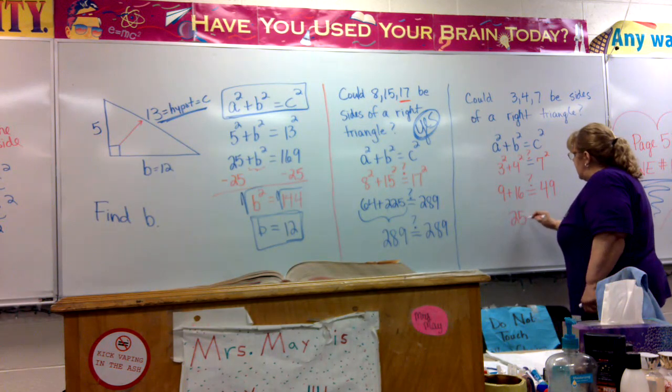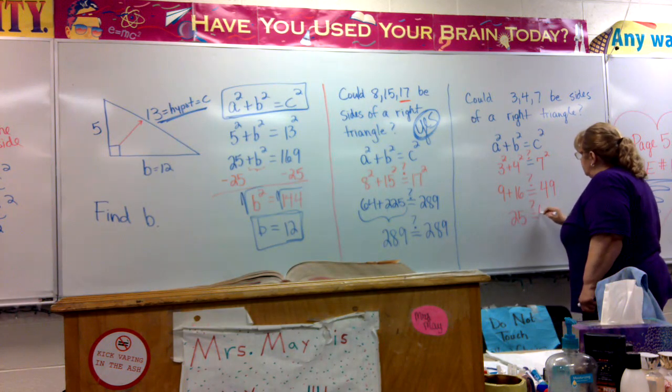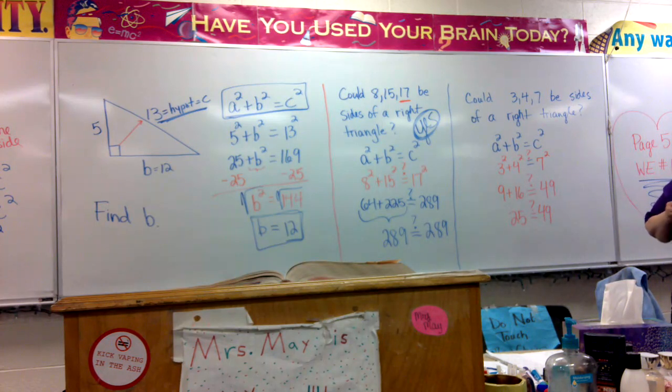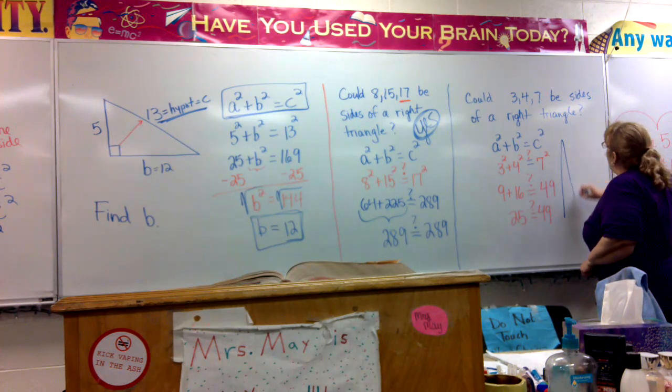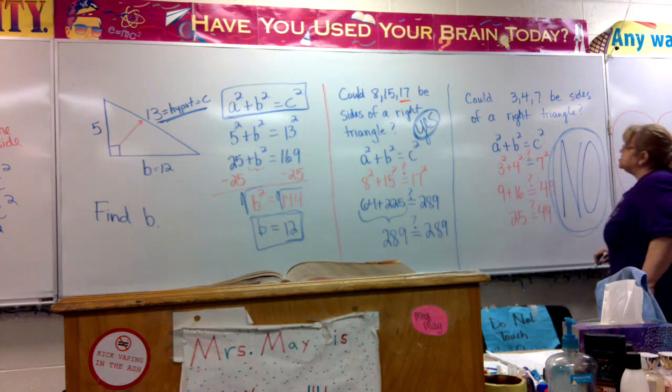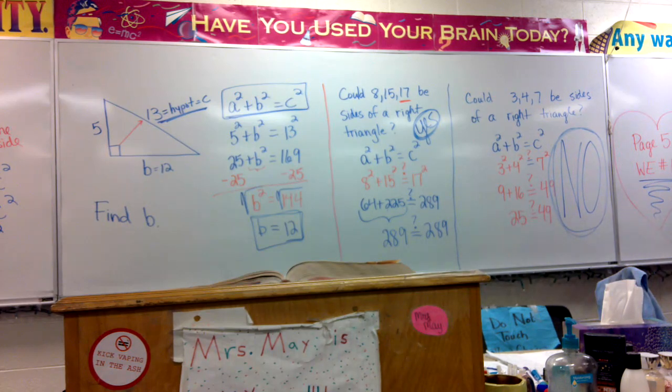Almost. It's 25. Is that equal to 49? No. Is it a right triangle? No. It's not a right triangle. It's a big, big no.